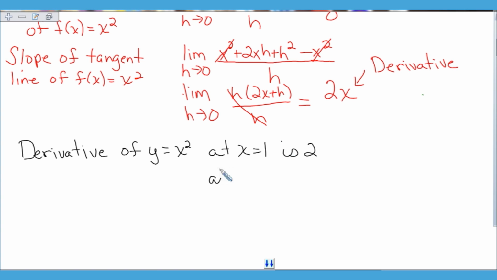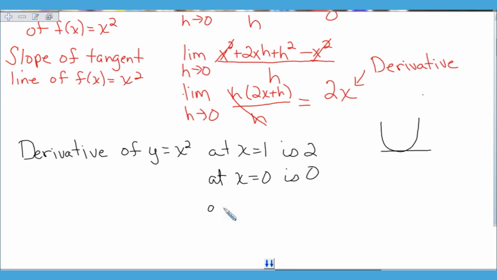What is it at x equals 0? Well, if you plug 0 into this derivative, 2 times 0 is 0, right? And remember, if you draw a little parabola, that's a terrible parabola, and you draw the tangent line at 0, doesn't that have a slope of 0?